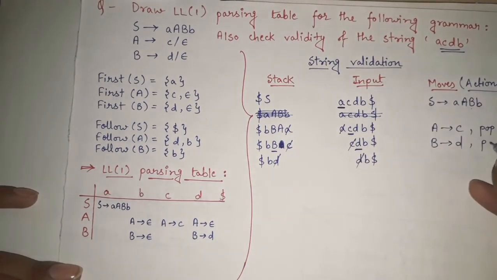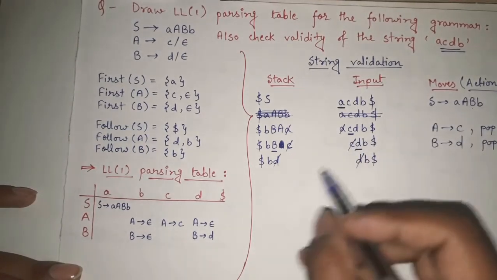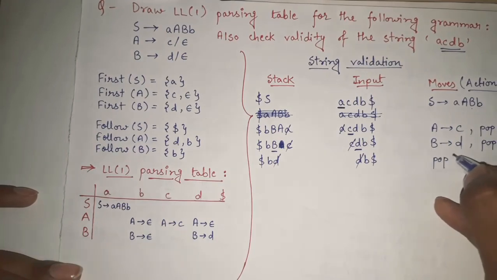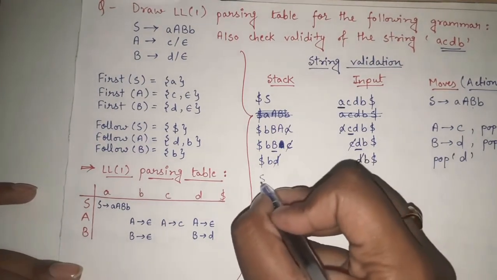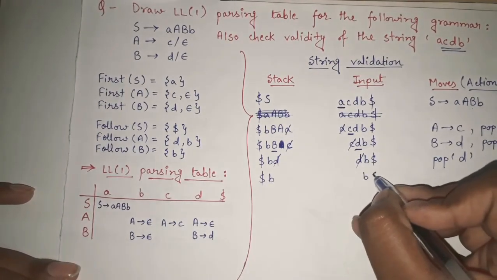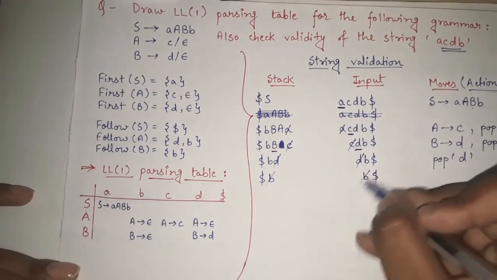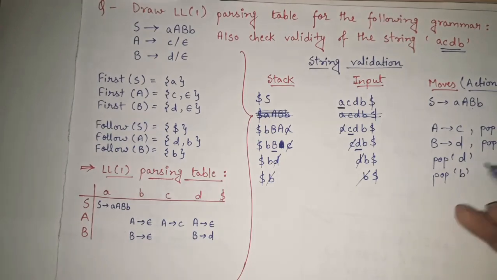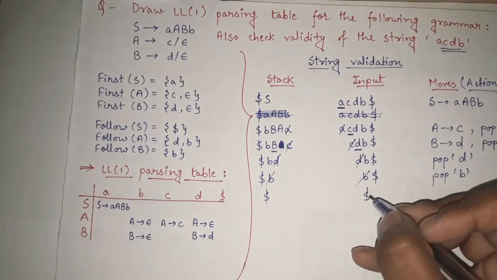In this case we have popped out small c. Similarly, in this case we have popped out small d. So what we are remaining with here is $B. So obviously the last step we have to do is pop B. So here I am left with only $, here also I am left with only $.